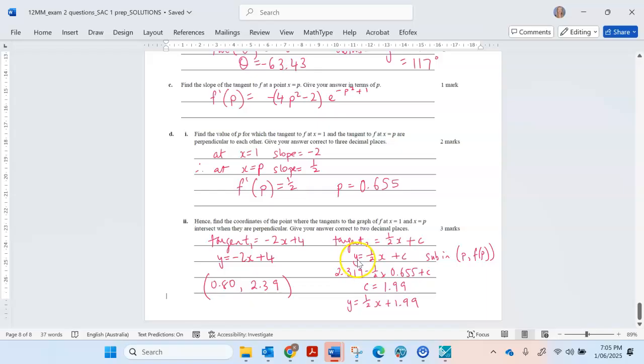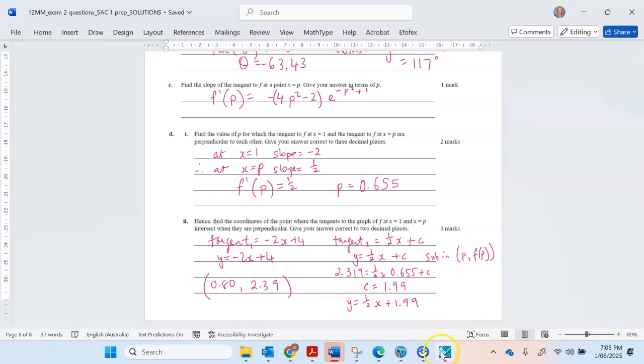The point P is on my second tangent, so I substituted in P and f of P. P being 0.655, and when I substitute 0.655 into the function, I get 2.319, and then solve for c. That's the equation of my second tangent.